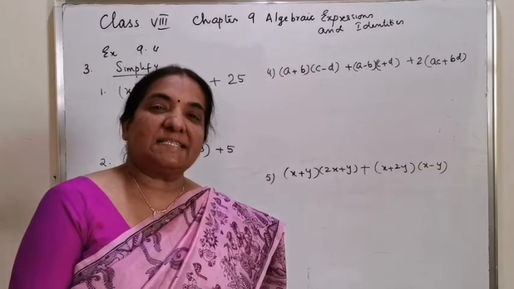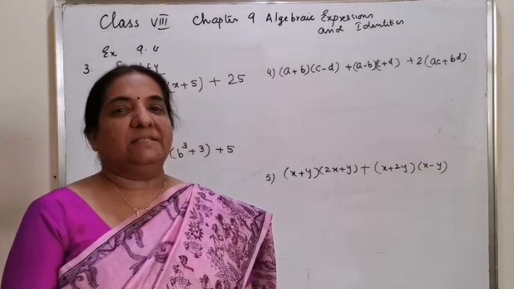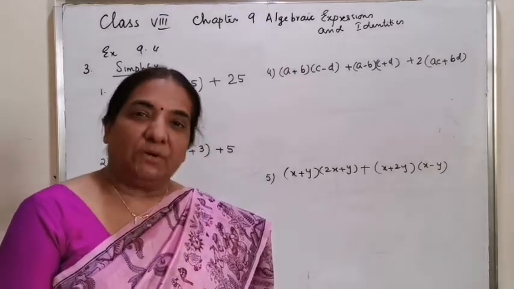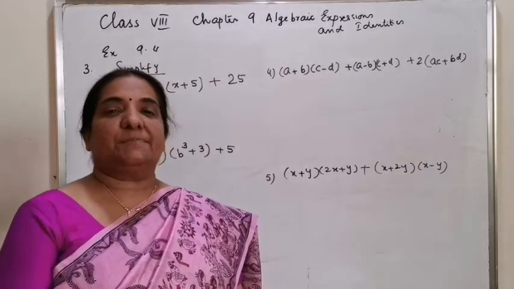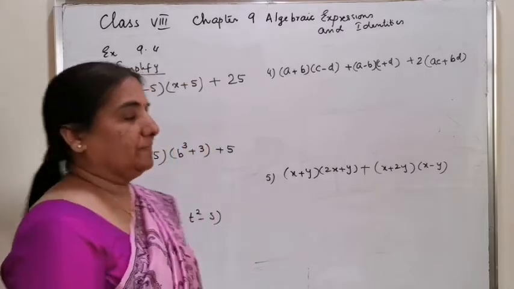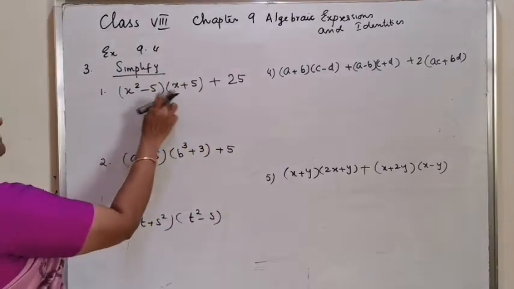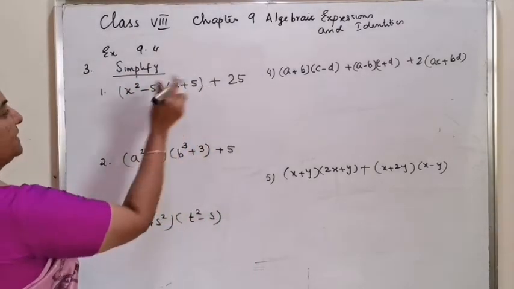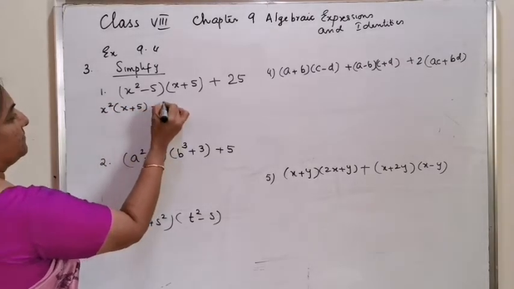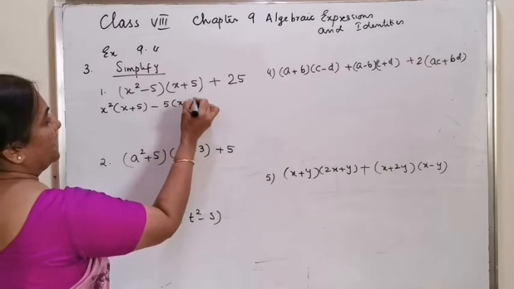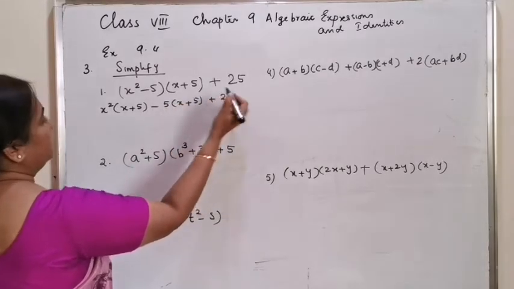Children, all these questions are the same pattern. What you can do again is switch off the video, try to work out on your own and then switch on the video to see the steps and your answers. X square minus 5 into x plus 5 plus 25. First step is x square into x plus 5 minus 5 into x plus 5 plus 25.